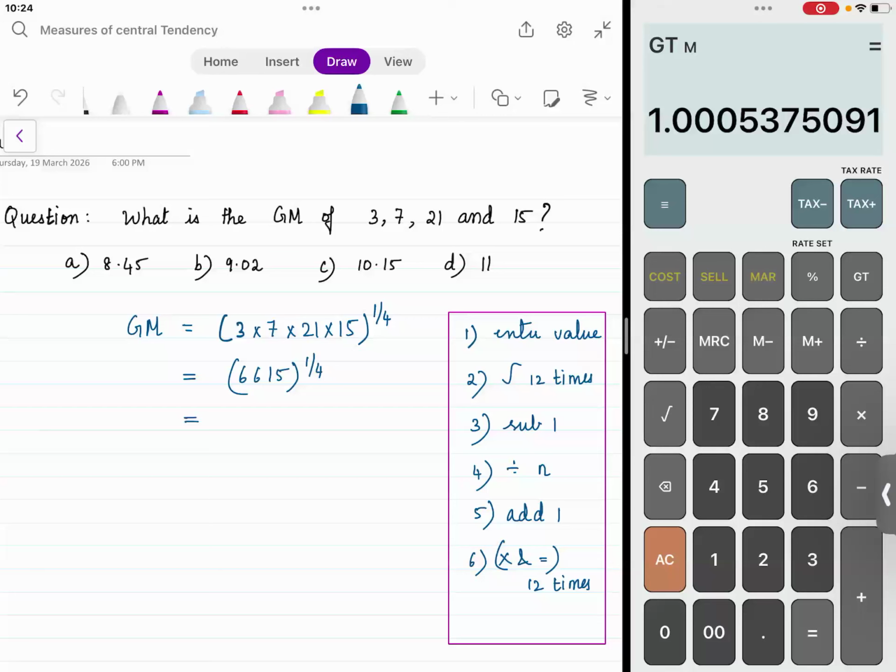Now this value I'm going to press into and equal to simultaneously for 12 times. So what I'm getting is 9.03. Closest to option B.